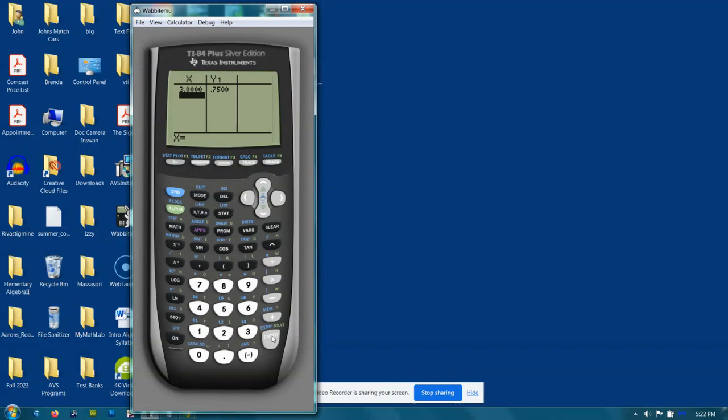Now we know 0.75 is the same as 3/4, letter B. If I were to clear this out and put in 0.75, go to my math key, the very first option is fraction, hit enter and enter again, there you go. 0.75 is 3/4.